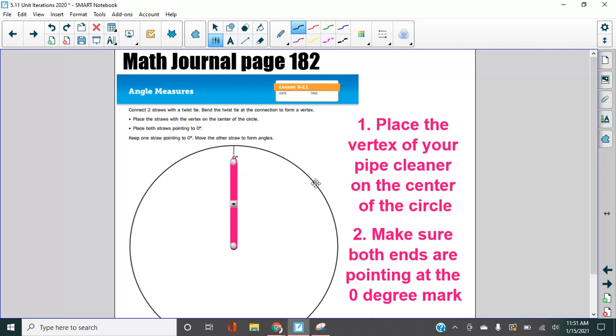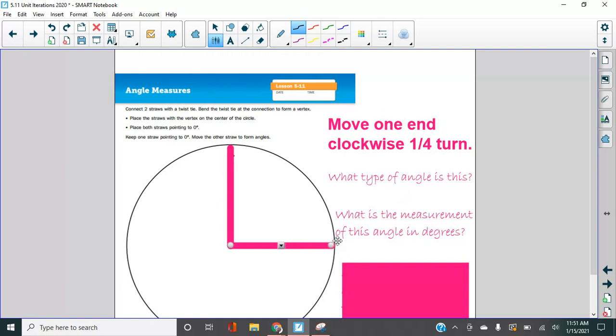The next thing I want you to do is turn. I took one of my pencils, or whatever you're using, and now we start to open it. We're getting bigger and bigger, and we're moving a 1/4 turn. You have seen this type of angle before.